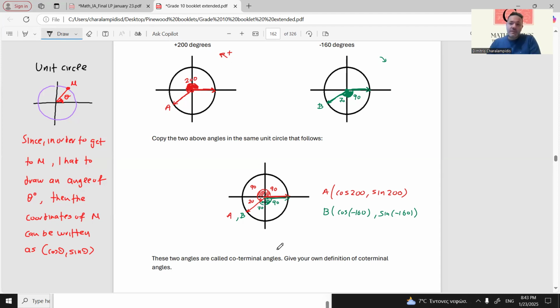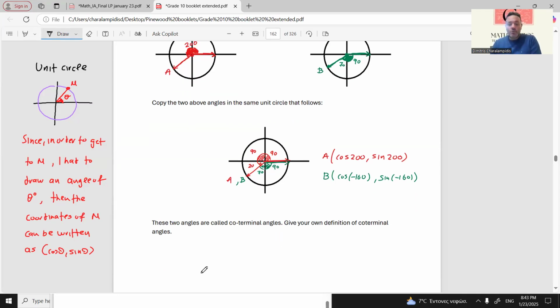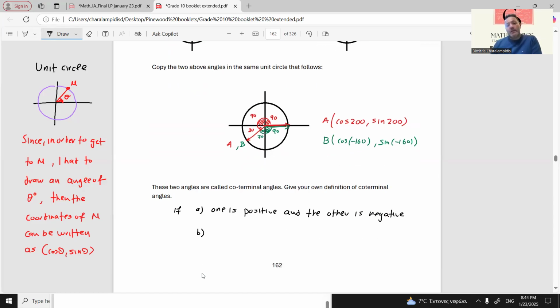Now, to be more specific, it's not just that. Two angles will be called coterminal if, first of all, one is positive and the other is negative, and second, when the sum of their absolute values is 360 degrees.